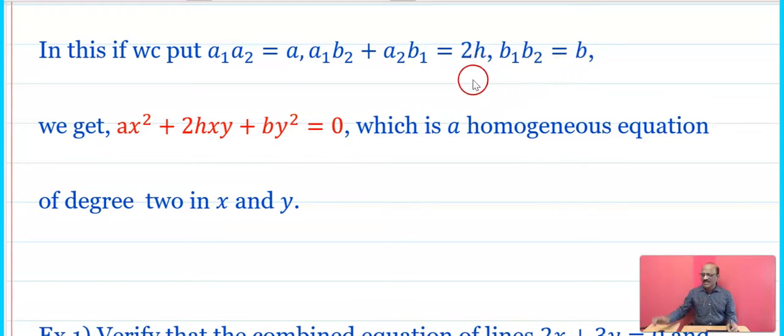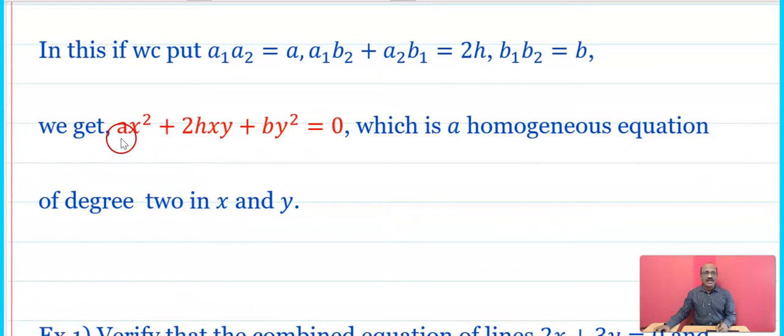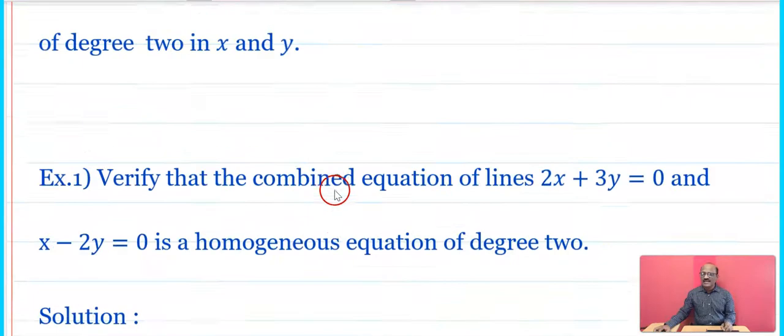If we substitute in the above equation, we get ax square plus 2hxy plus by square equals 0, which is a homogeneous equation of degree 2 in x and y.